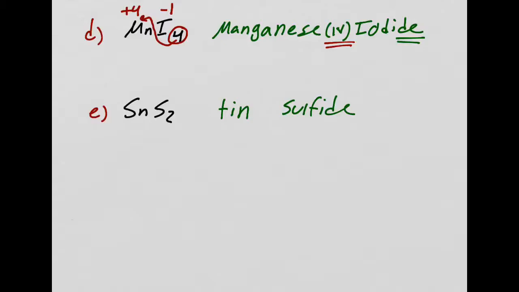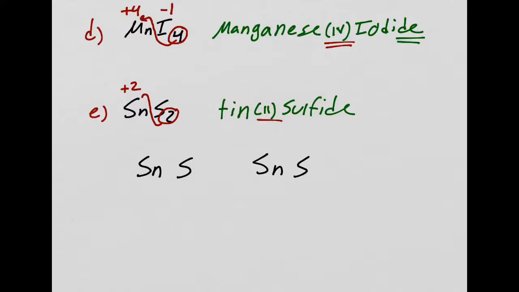Now, here's probably what you did. You go, so I know the 2 has to be from tin. So this is tin-2 sulfide. Almost. This is a tricky one. Here's why that's not right. So I have Sn and I have sulfur.